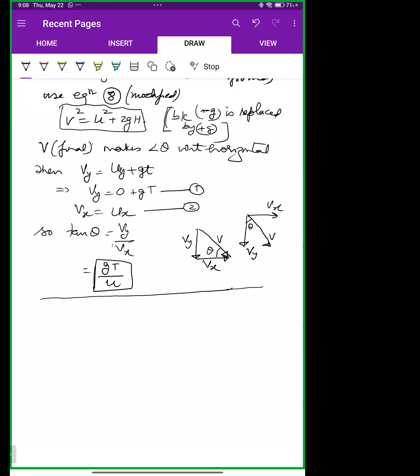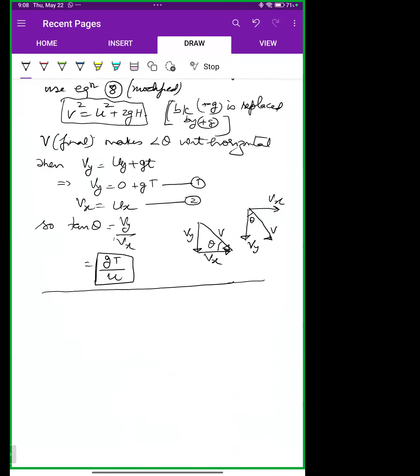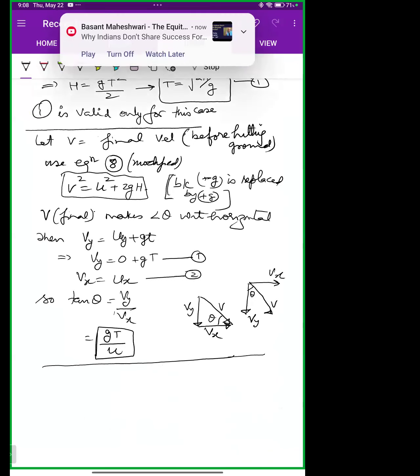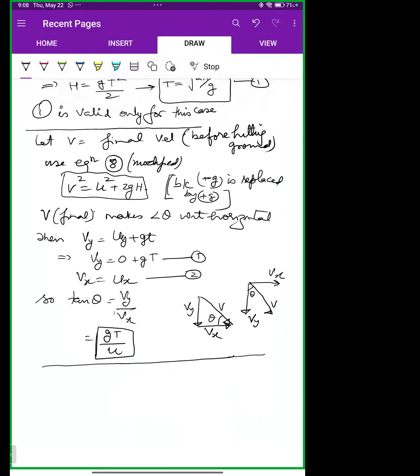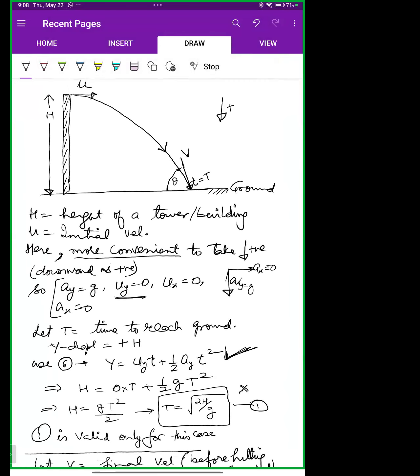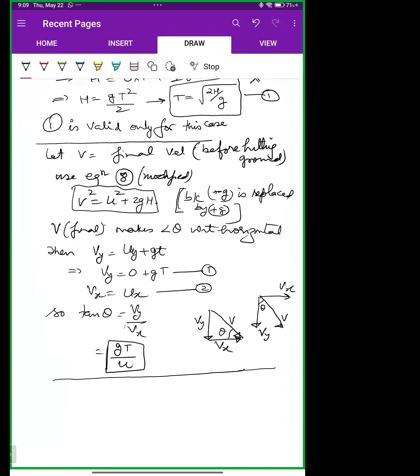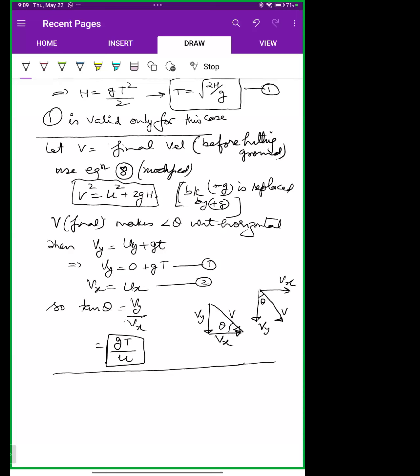Sir, I didn't understand the second diagram that you drew with Vx, V and Vy. I didn't understand why angle theta is between Vy and V. Try to understand. Apply some more mind here. You see, the direction of V is the same. Compare the direction of V with the first diagram. Okay? And V is making theta with the horizontal. That is clear?